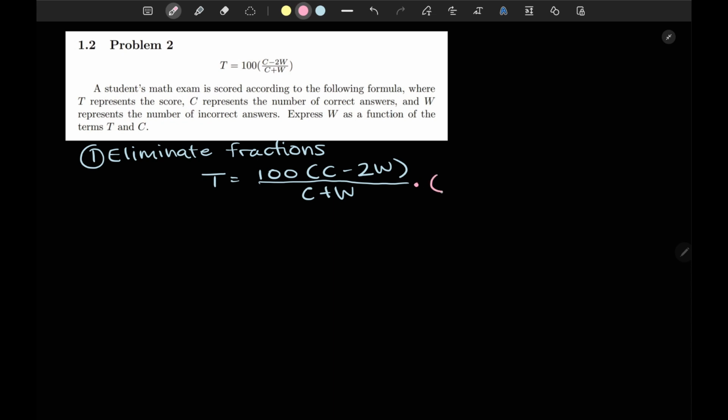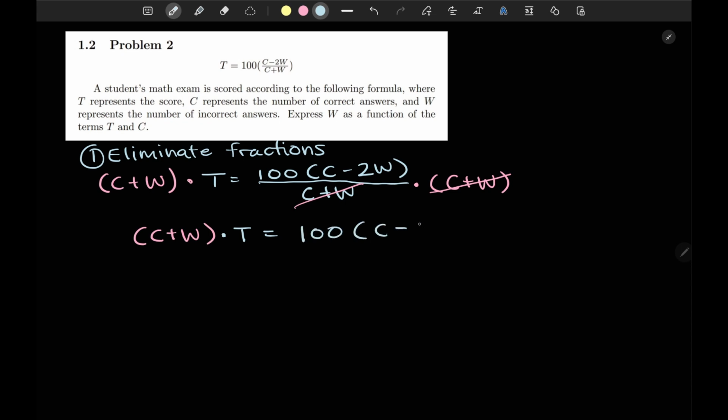So multiply this side by c plus w, and multiply this side by c plus w. And of course, this is going to cancel out here, and we're left with c plus w times t is equal to 100c minus 2w.